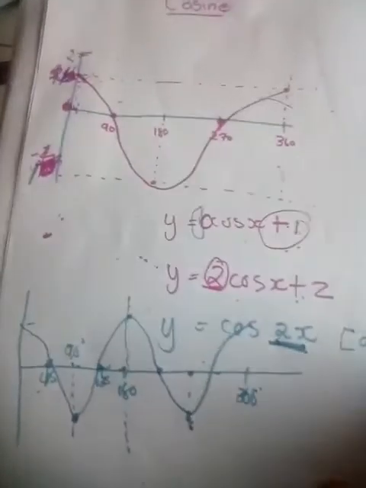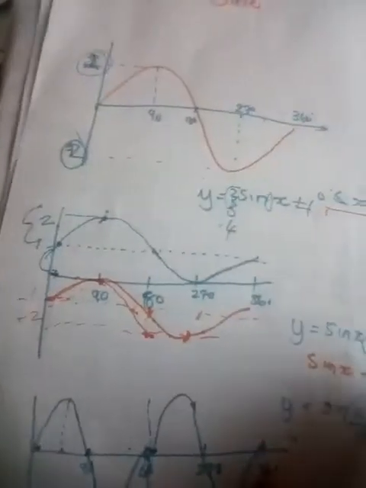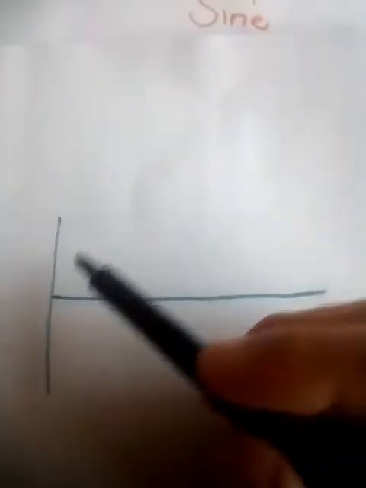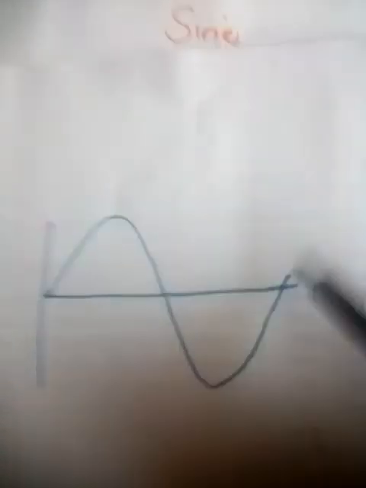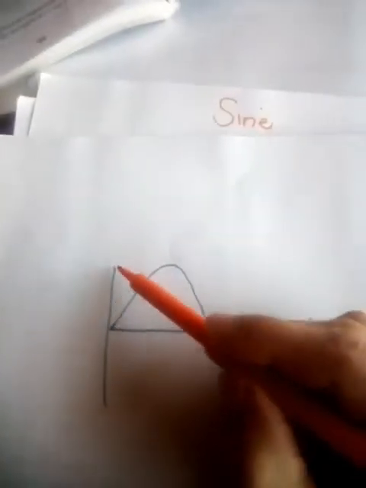Then if you come to the exam, what they normally do is they give you a question and ask you to draw two of these graphs, a cosine and a sine graph. Say for argument's sake, here's my sine graph, and then the cosine graph would be, where is it now?